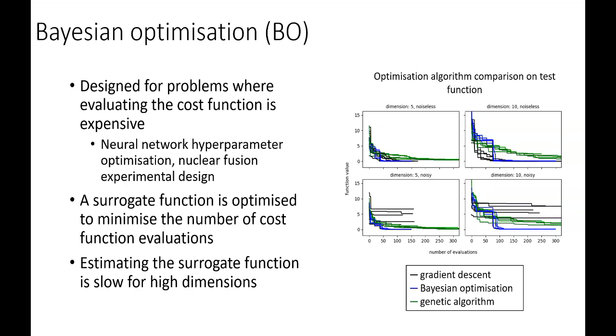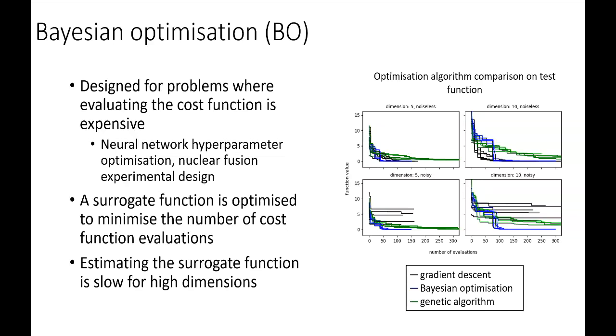So if you're training a neural network, you've got hyperparameters like the learning rate and the network size and all of this stuff. But in order to evaluate like the dependence of neural network performance on those hyperparameters, the function that you have to do in the middle of it is training the neural network. Right? So that's a costly thing to do. It requires a lot of computation. You don't want to do that over and over and over again, right? So we want to minimize the number of times we're doing that.